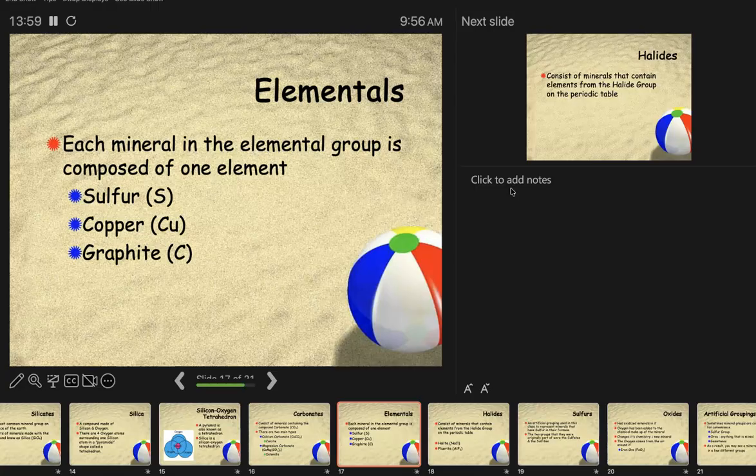But these are minerals that are composed of a single element. So yes, arguably you're holding a bunch of elements in your hand. But that sounds weird, right? So we say we're holding a mineral. Sulfur, copper, graphite are a few you've come across or will come across in lab. There are others. And one of the big questions, you guys love to play Stump the Chump with me.